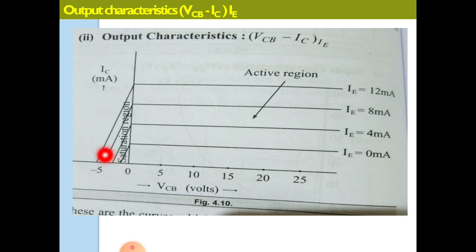For the negative values of the output voltage, we get a certain value of output current, and this region is called the saturation region. So the output characteristics curve of the CB mode configuration gives three regions: active region, cutoff region, and saturation region. The active region is the most important for the output characteristics.